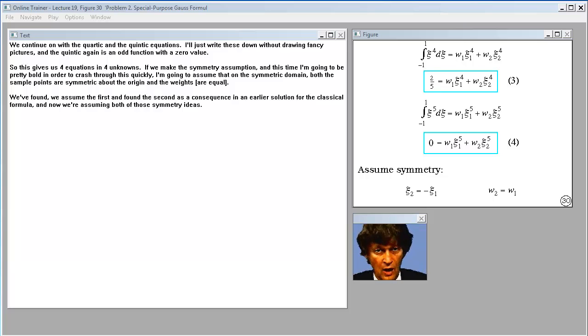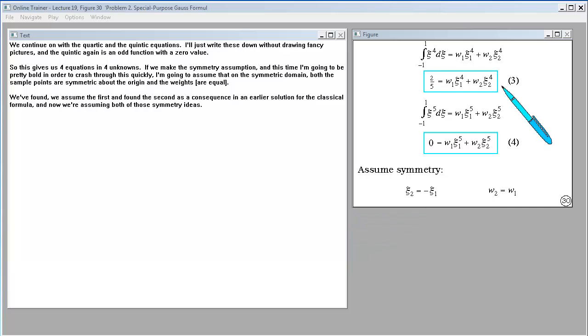We continue on with the quartic and the quintic equations. I'll just write these down without drawing fancy pictures, and the quintic again is an odd function with a 0 value. So this gives us 4 equations in 4 unknowns.